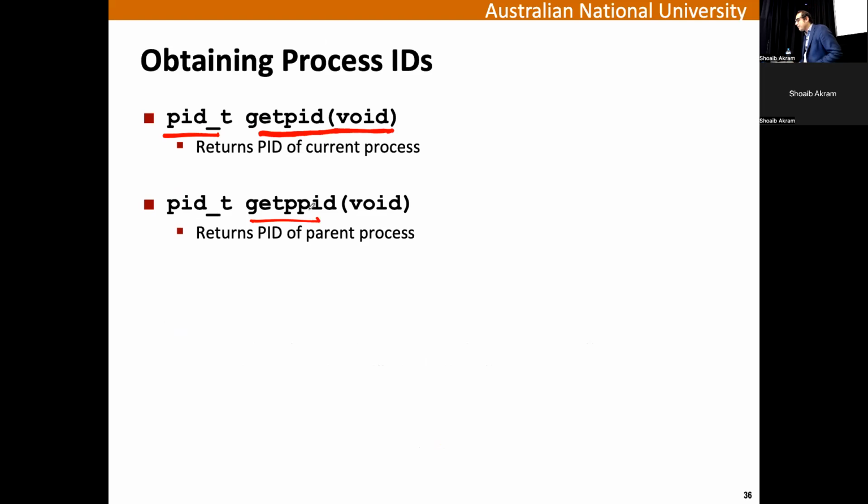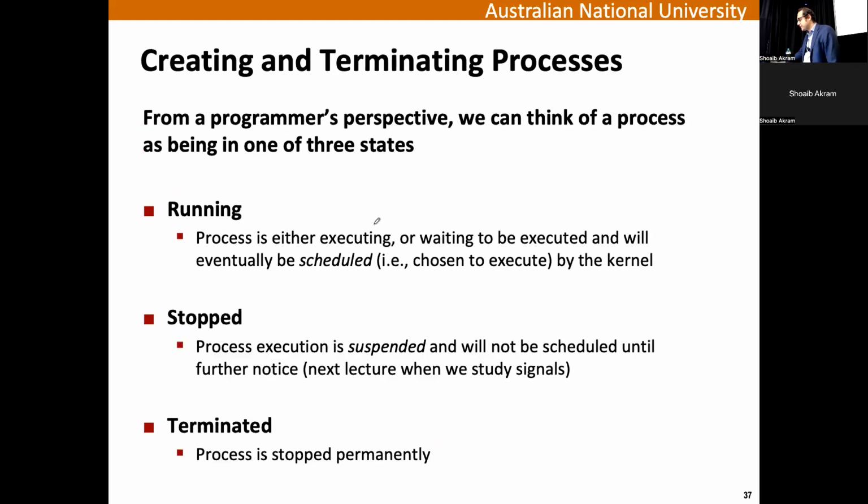Okay, so these are utility functions. Each process has a parent and processes have children, and we will learn how we create child processes, how we deal with parent processes, a little bit differently than we deal with in real life. But you can get the process IDs using these calls.